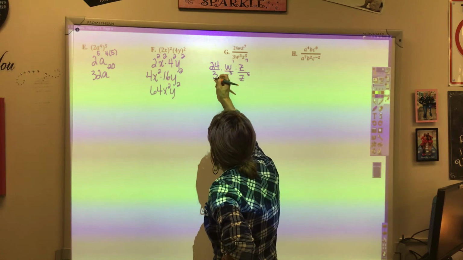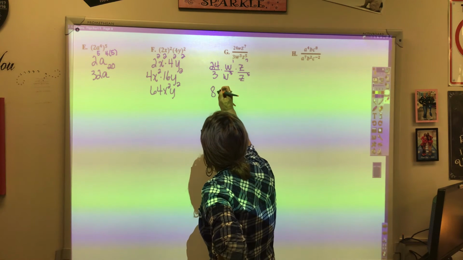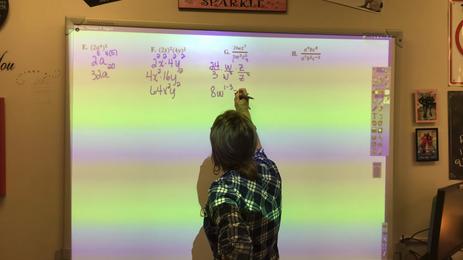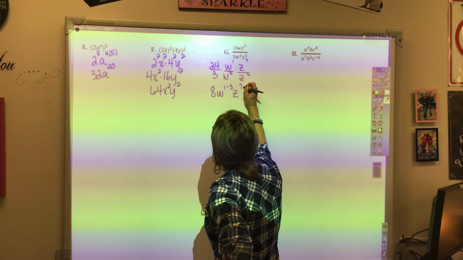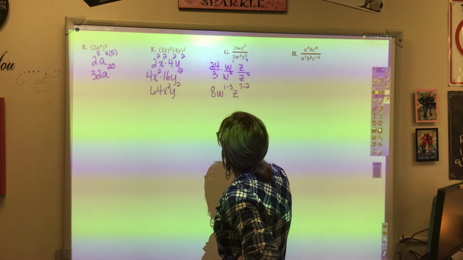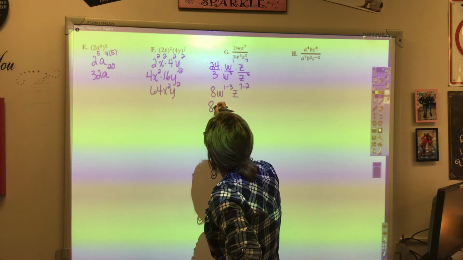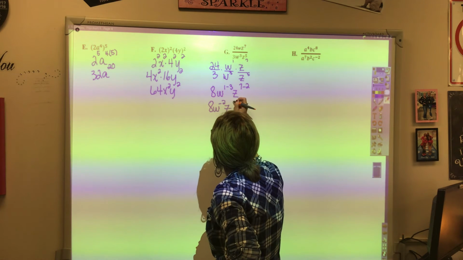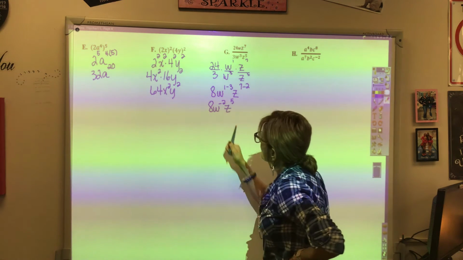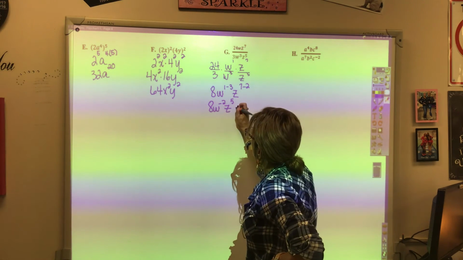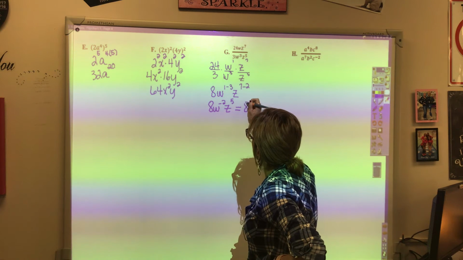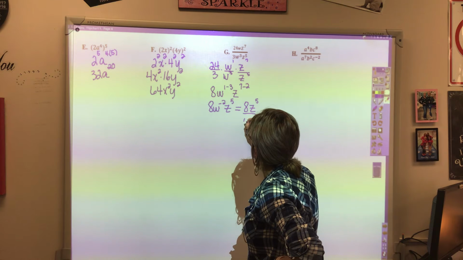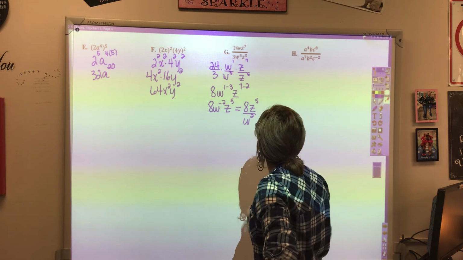So if I divide here, I have 8, and I would have w to the 1 minus 3, and I would have z to the 7 minus 5. So let's simplify this. 8w to the negative 2 z to the second. And remember, we can't have a negative exponent. So this is equivalent to 8z squared over w squared.